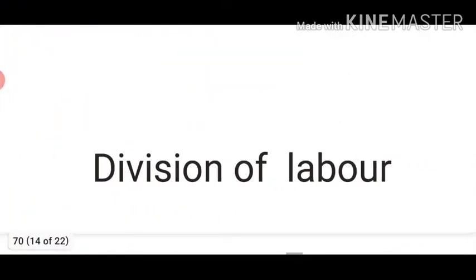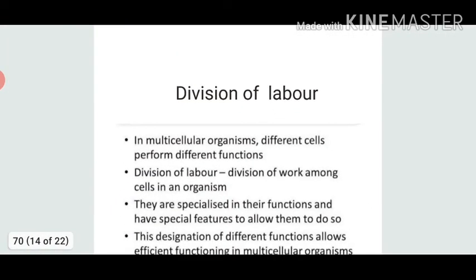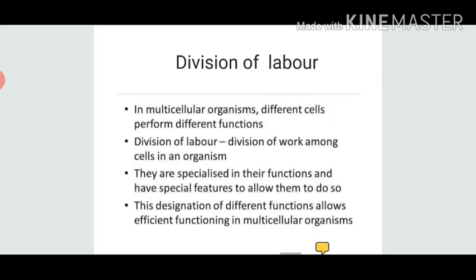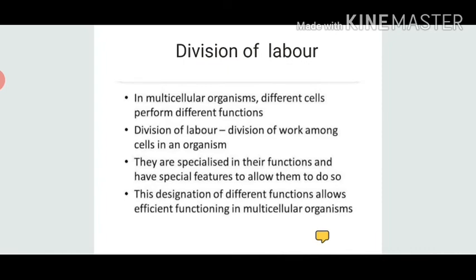And there is division of labor in multicellular organisms, meaning different cells perform different functions. Division of work is there among cells in an organism. They are specialized in their function and have special features to allow them to do so.